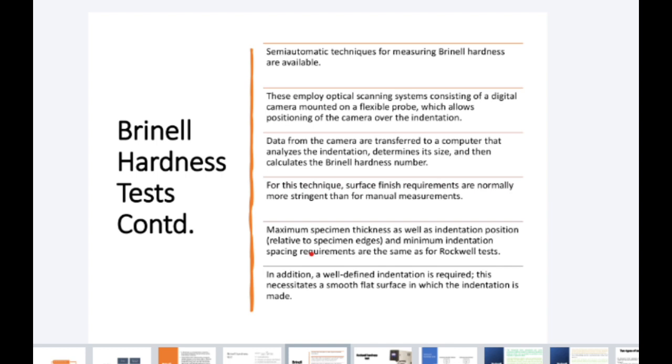In addition, a well-defined indentation is required that necessitates a smooth flat surface in which the indentation is made, right? So a well-defined indentation means we have to apply enough force to make a proper dent so that the camera can read it properly and you will get the result. So this is the Brinell hardness test and that's how we perform it.